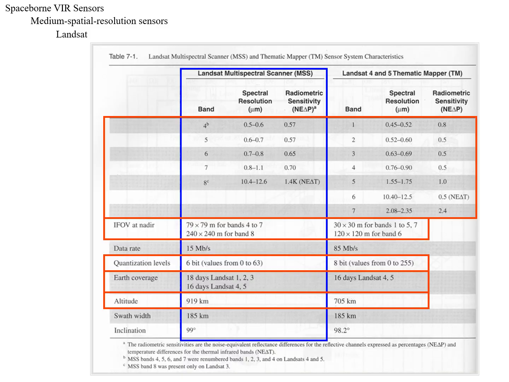To give you an idea of the kinds of bands that are in each one of these sensors, MSS has 5 bands. The bands are labeled 4, 5, 6, 7, 8. And the reason they're labeled that way is that the return beam vidicon is given the numbers 1, 2, and 3.